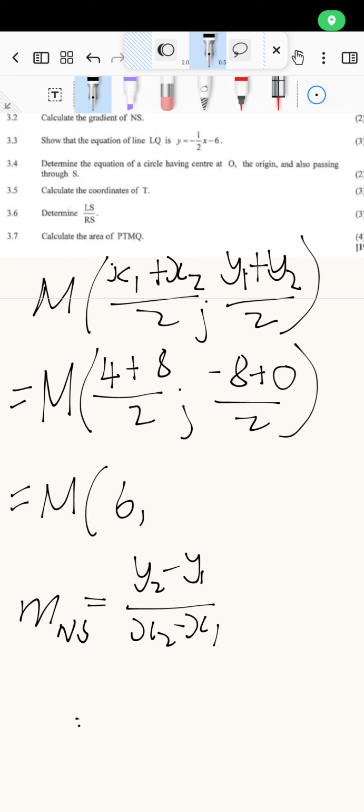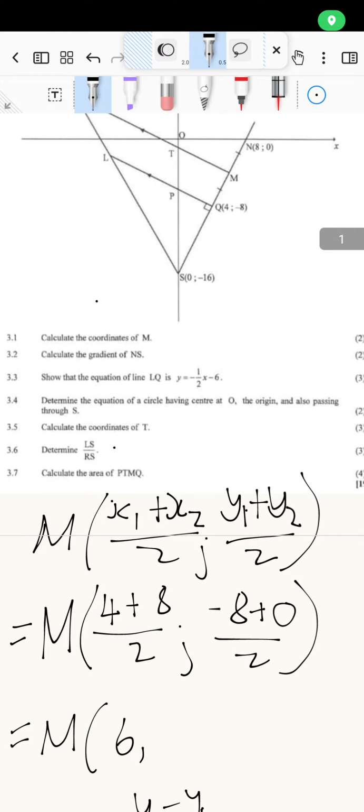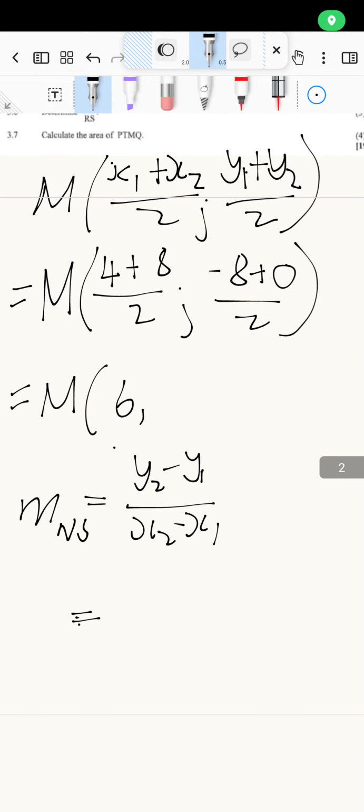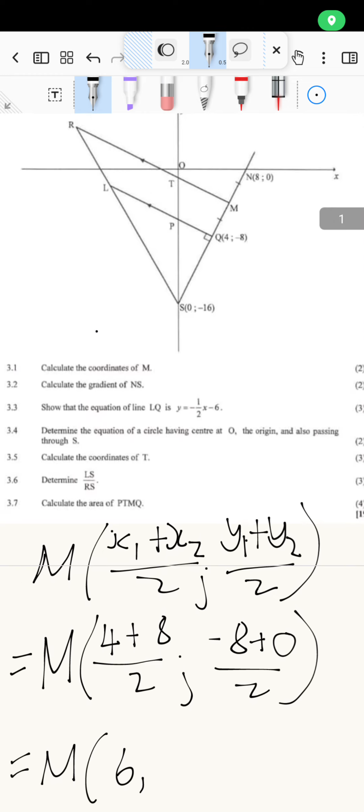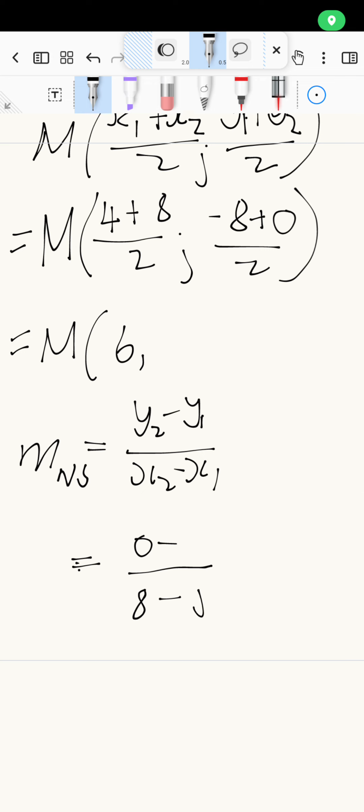Okay, I'm going to do my substitution next. N is (8, 0), and I'm going to put that coordinate in at the very same time. Then I'm going to put my minuses there, and the coordinate of S, (0, minus 16). See how I put each of them in at the same time so that I could group them immediately correctly. (8, 0) is a coordinate, (0, minus 16) is a coordinate.